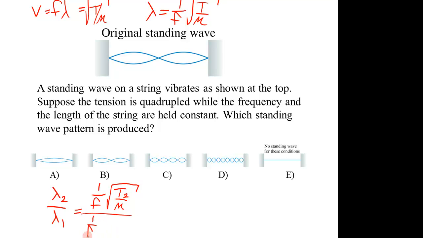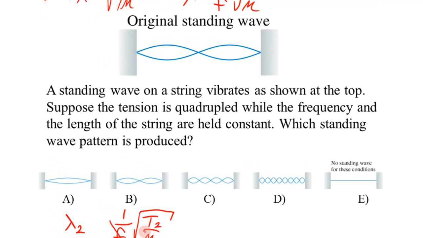And then we've got 1 over f, and then again, the square root of T over mu. The frequencies, since they're the same, cancel out. The linear mass densities cancel out. And the only thing that's left is the T2 and the T1. T2 is at the top here, the T1 is at the bottom there, so this looks like T2 over T1.